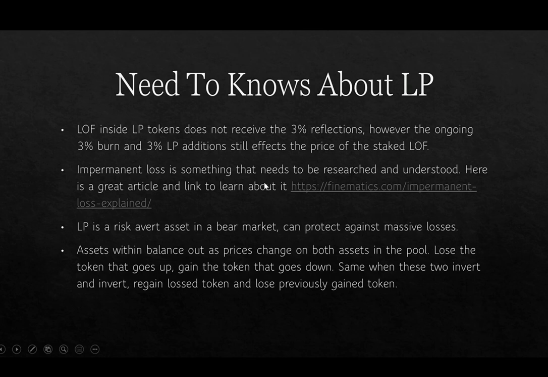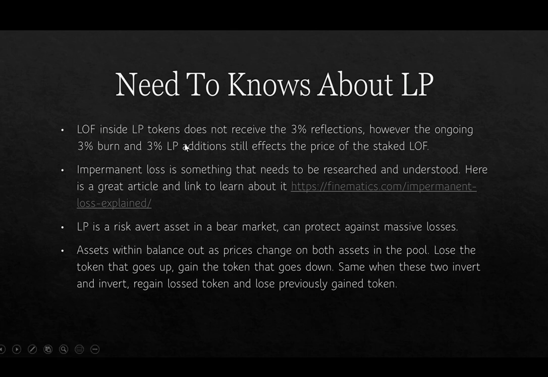This is something that I think people need to know about LP: the 3% reflection that keeps being mentioned in the room that you're missing out on, that's not the entire tax on every single transaction that happens with LOF. There's also 6% that happens positively no matter where your tokens are, whether they're staked or not.